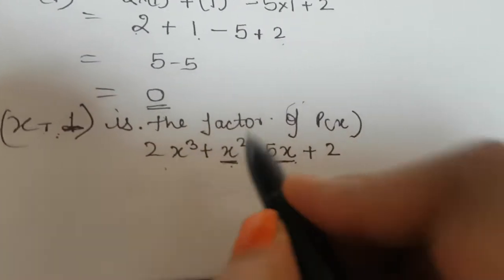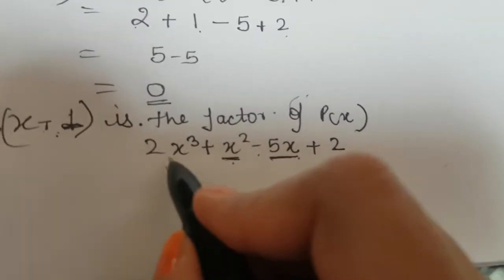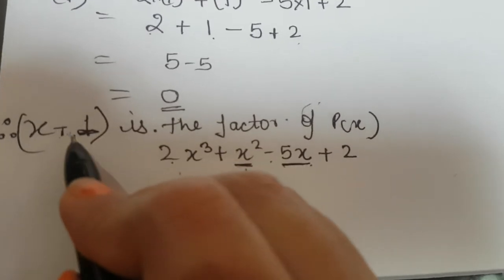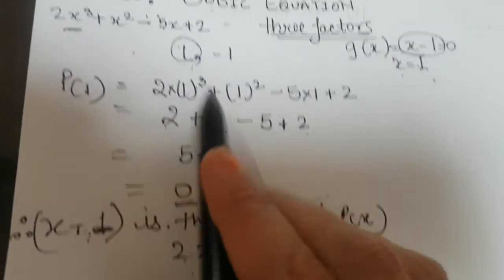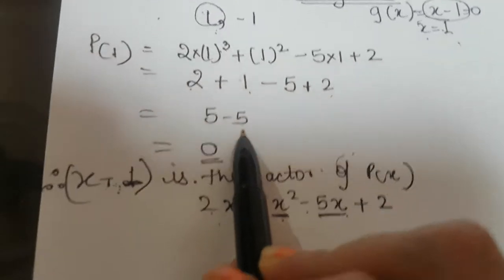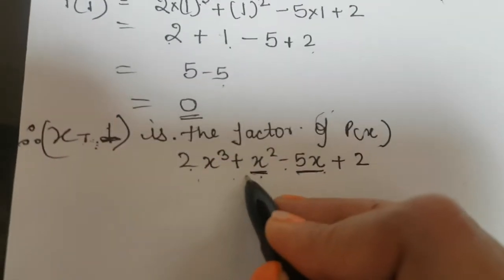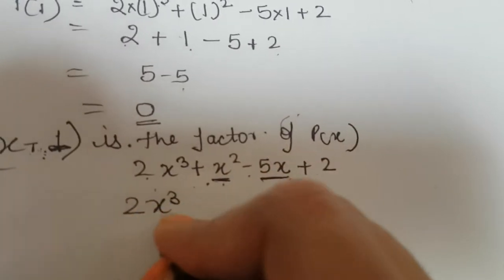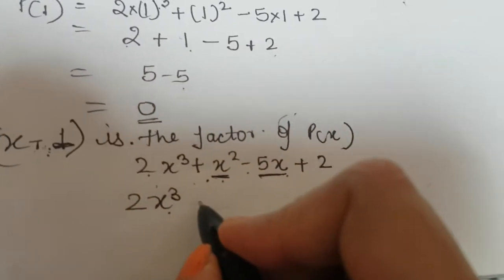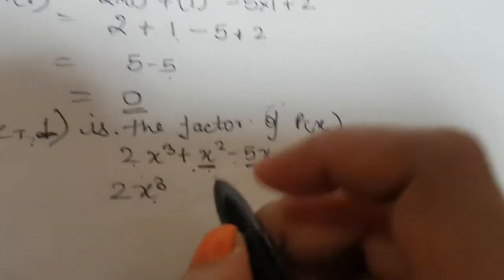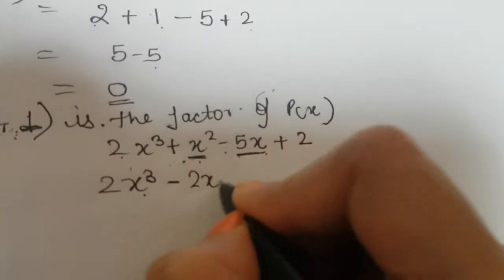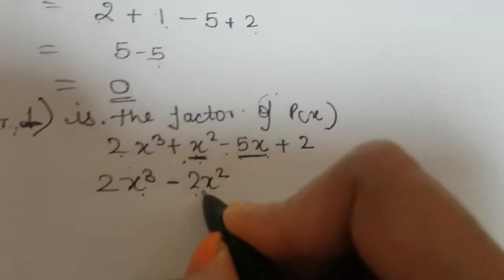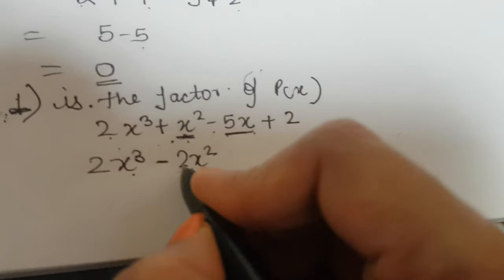You just apply the logic here. Listen carefully and apply the logic. We need x minus 1 in the bracket, because we have already checked that x minus 1 is a factor of this cubic polynomial. So what should be there with 2x cube? If we need x minus 1 inside the bracket, minus 2x square should be there. Meaning we will split this x square into two terms, and I am taking minus 2x square here.